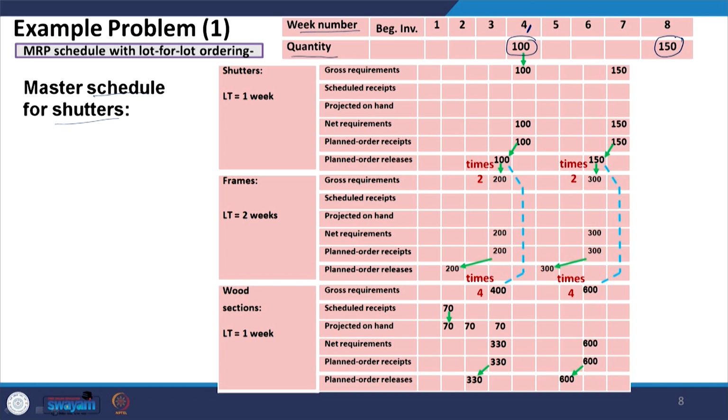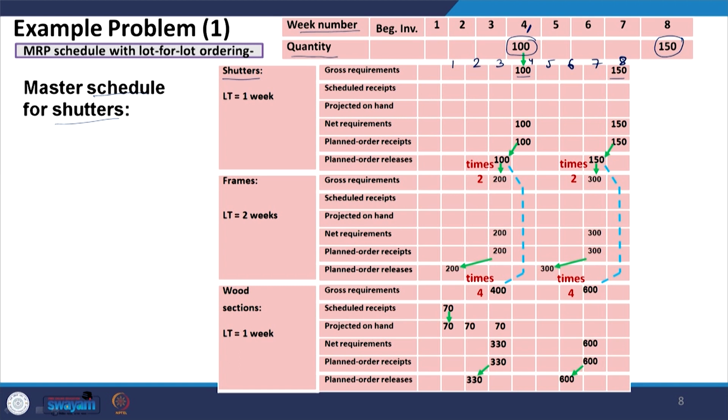Now, for this 100 and 150, this is first period, second, third, fourth, fifth, sixth, seventh, sorry, there is some issue with respect to naming, so this is 1, 2, 3, 4, 5, 6, 7 and 8.